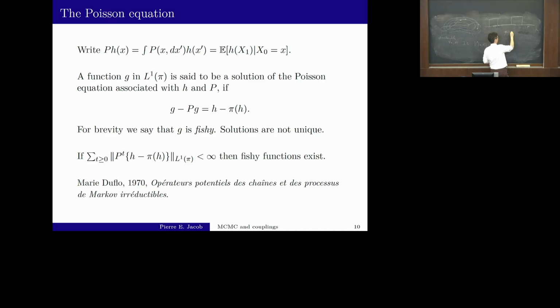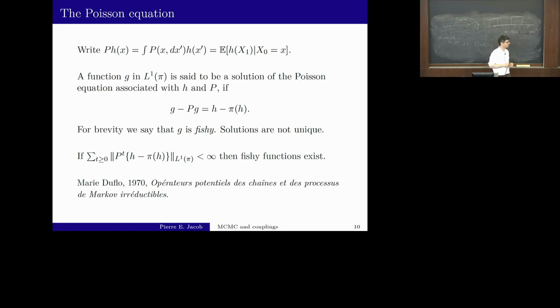I'm saying that for all x, this holds. Again, it's probably only necessary for pi-almost all x. It looks weird, but we'll see how convenient it is in one slide, and maybe it was introduced to serve a specific purpose. And that purpose is to prove the CLT for Markov chain ergodic averages.